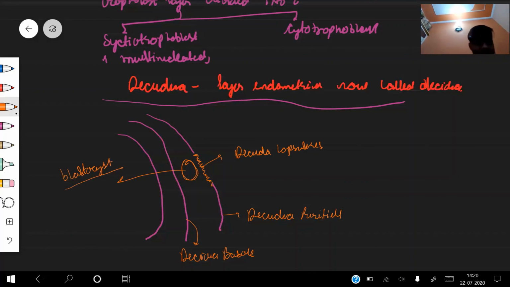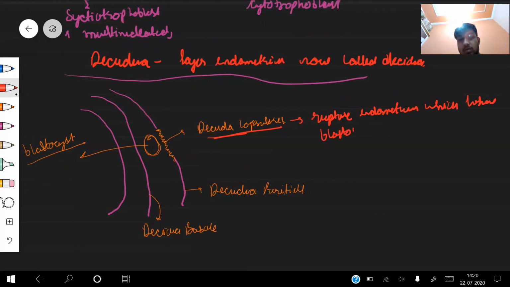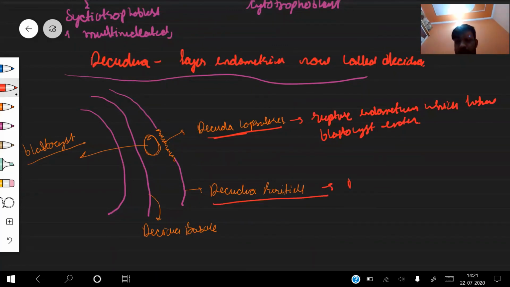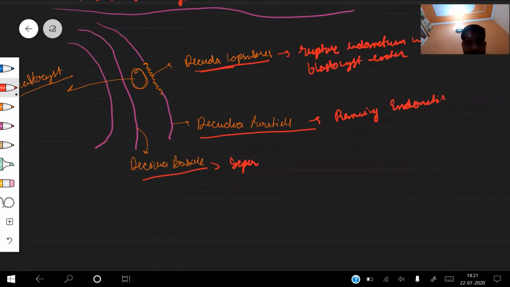Basically, the decidua capsularis is the ruptured endometrium from where the blastocyst enters. The decidua parietalis is the remaining endometrium, and the decidua basalis is separate from the myometrium.